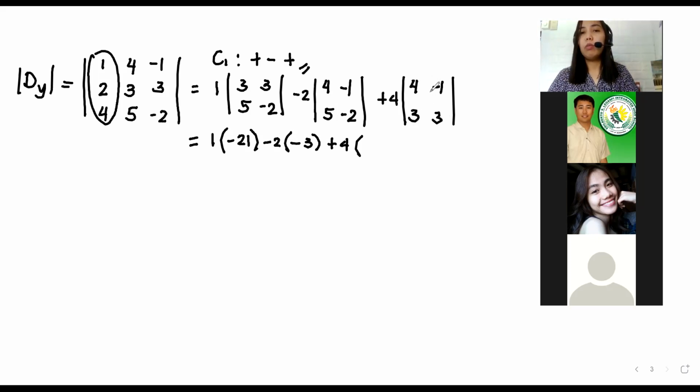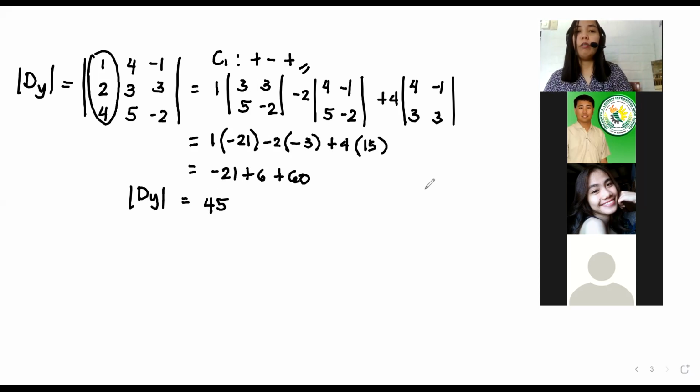This becomes positive. 12 plus 3, it's 15. Simplify, 1 times negative 21, negative 21. This is positive 6. This is 60. So, negative 21 plus 6 plus 60. What is it? 45. All right, so it's 45.